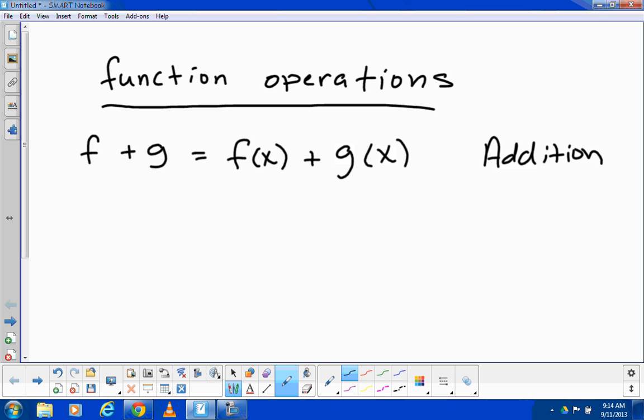The other one, take a wild guess here. Subtracting, okay, subtraction. This means you just subtract the 2 functions. When you subtract the 2, one thing you've got to be careful about, you may want to make a note. When you subtract that g function, you wouldn't just subtract the first term.